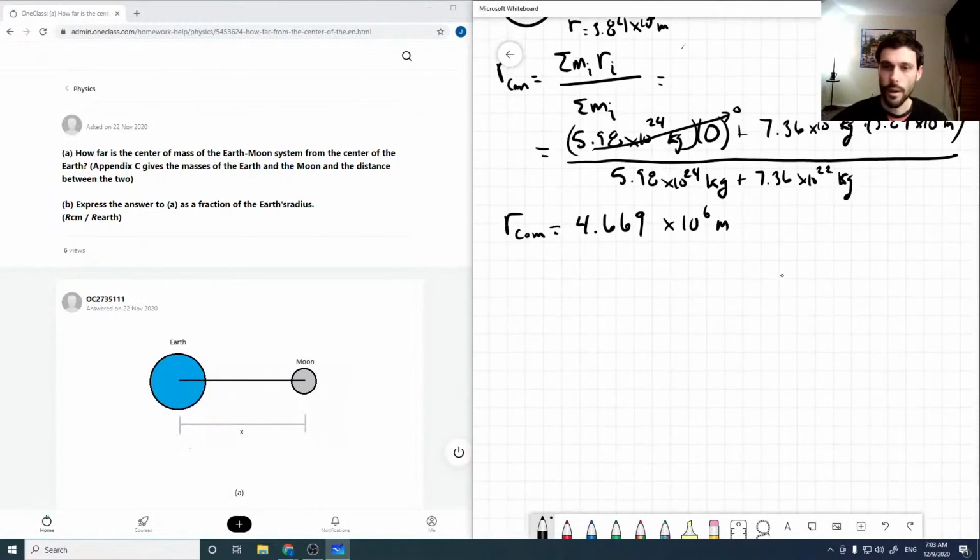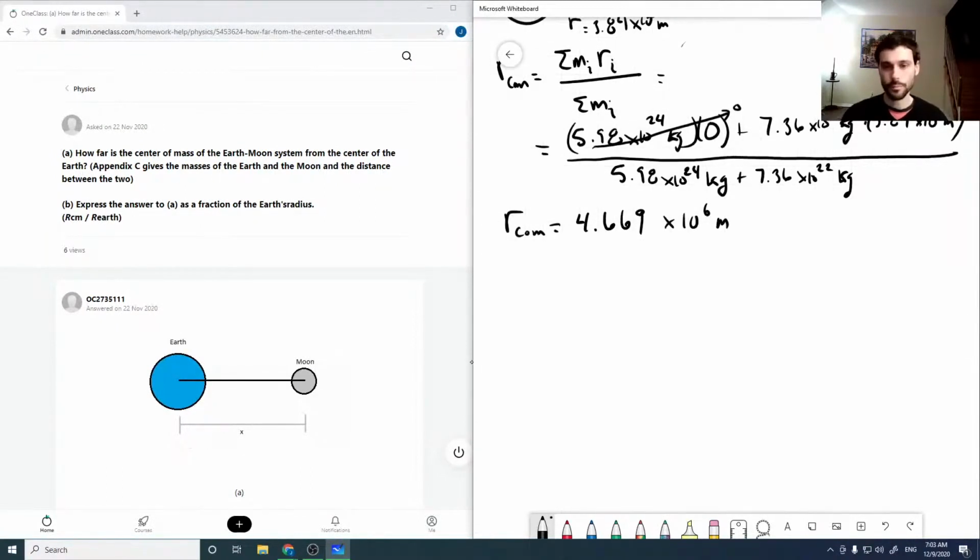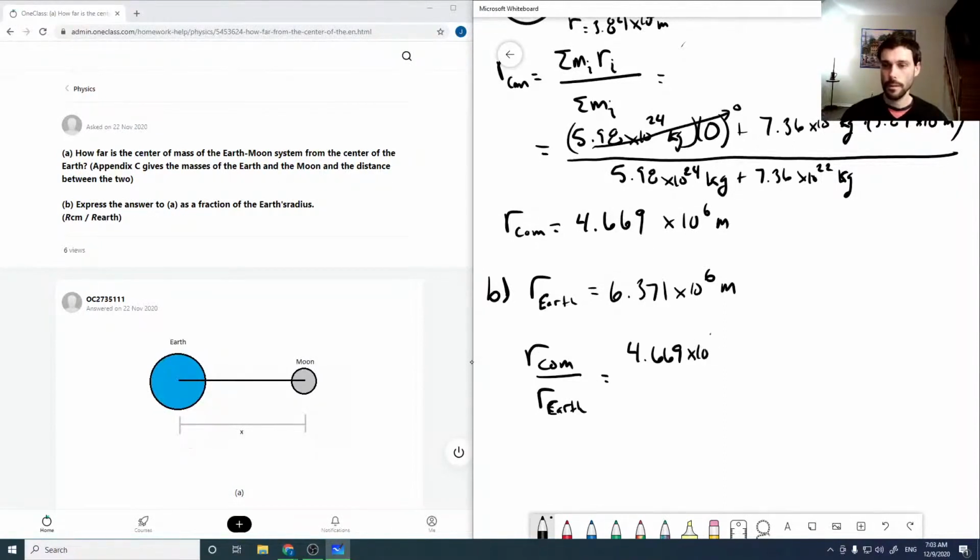Okay, and now for B here, the radius of Earth is 6.371 times 10 to the 6 meters. So our center of mass over the radius of Earth is 4.669 times 10 to the 6 over 6.371 times 10 to the 6, which comes out to be 0.733.